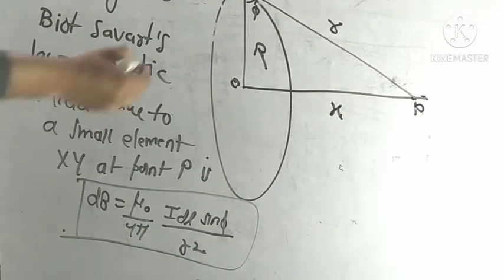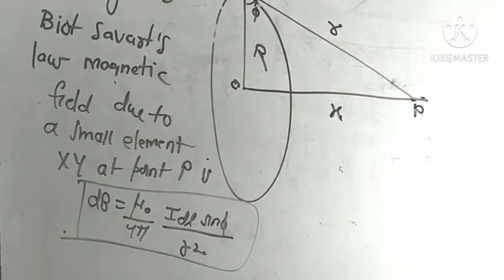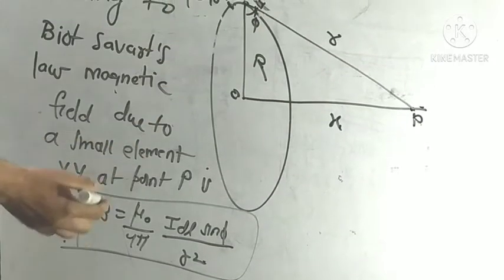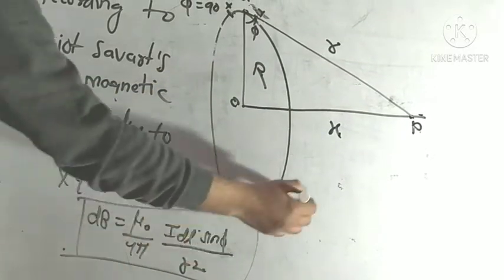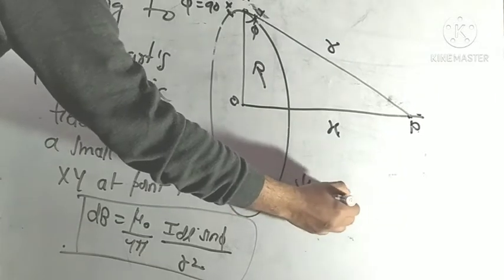Here we put the value of phi equal to 90 degrees, so sin 90 degrees is equal to 1.